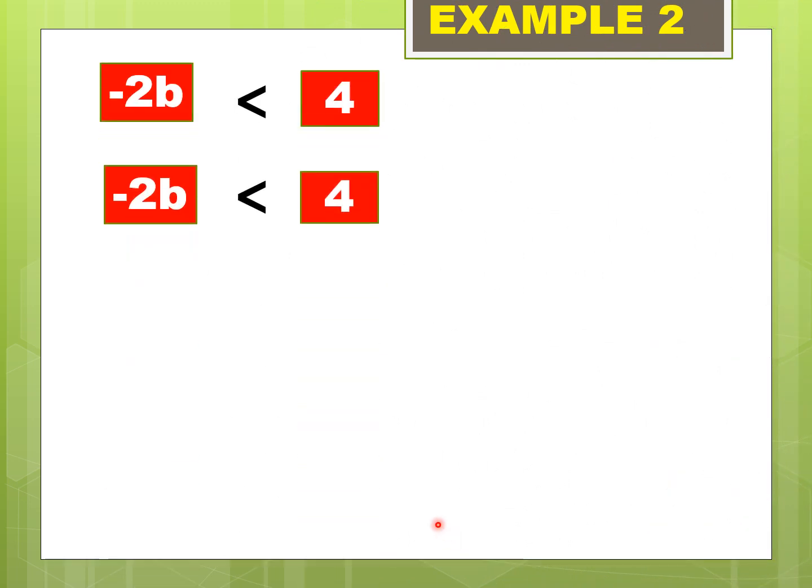Example 2, we have negative 2b is less than 4. Again, left-hand side, and over here is the right-hand side, and this is our inequality sign, less than.